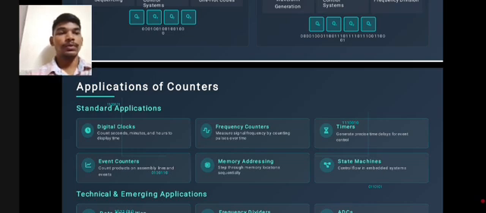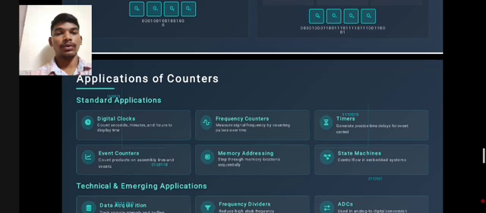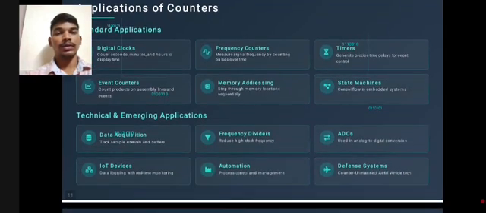Generate time delays for event control. Event control: control products on an assembly line based on events. Step through memory locations sequentially. State machines: control flow in embedded systems. Data accumulation, tracking samples.